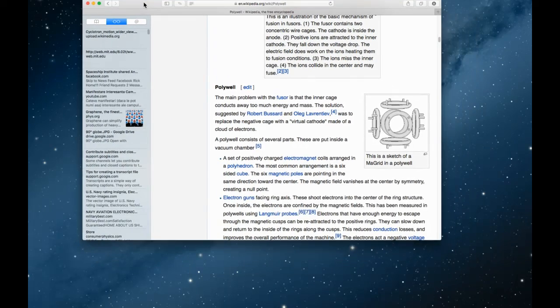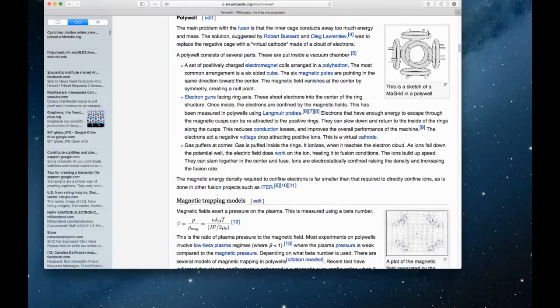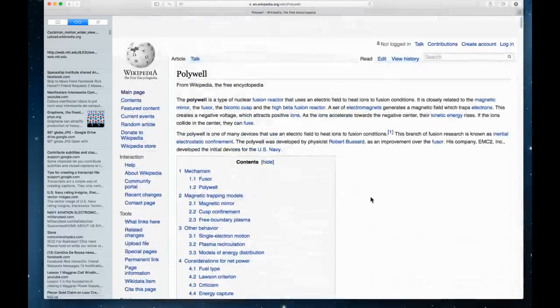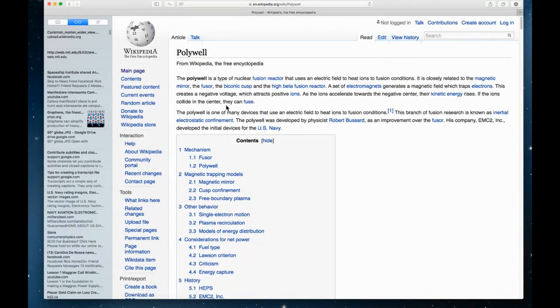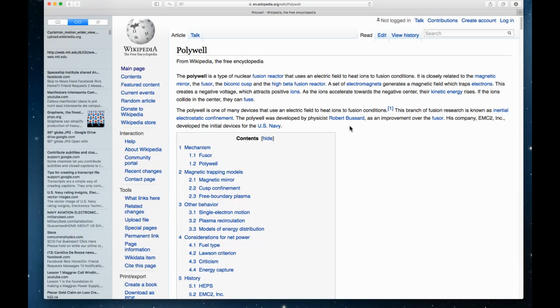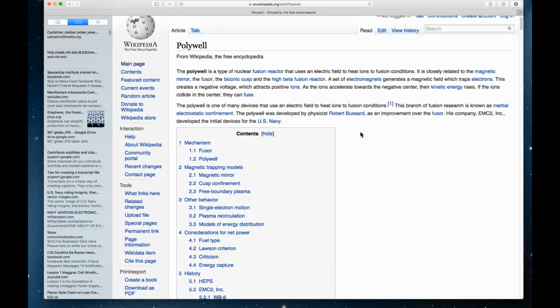So this is out of Wikipedia, and it's called Polywell. I haven't actually been to this page yet, but I just looked it up. It's a branch of fusion research known as inertial electrostatic confinement. It uses an electric field to heat the ions to fusion conditions.